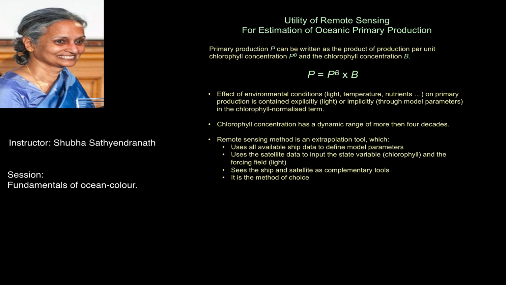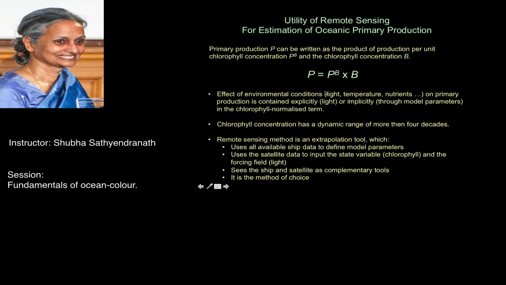Then that quantity only depends on how much light is available and how the parameters might vary. Then you have to multiply it by the chlorophyll concentration itself. And chlorophyll concentration has a huge dynamic range from about 0.01 to maybe 100. And that's the part that you can get from satellites.